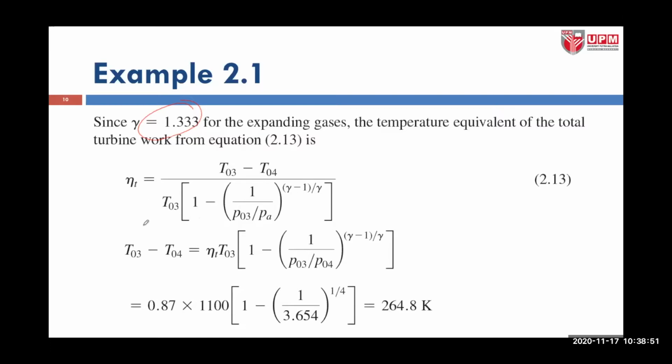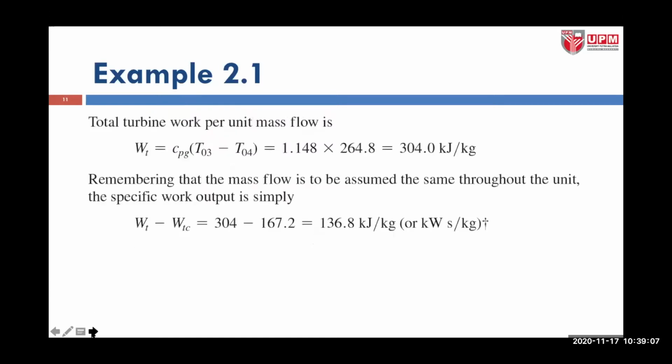So you can use equation 2.13 to calculate TO3 minus TO4, which is equivalent to 264.8 Kelvin. The total turbine work per unit mass flow can now be calculated, with CPG of 1.148 given already.